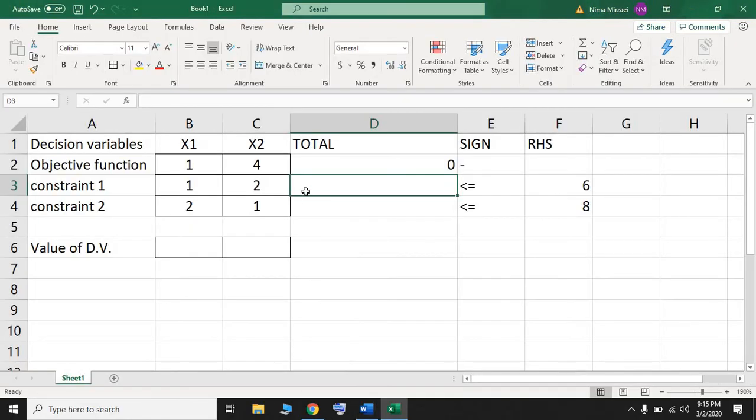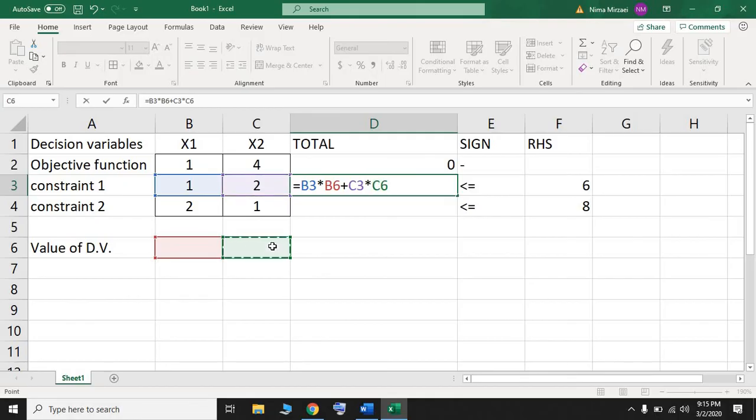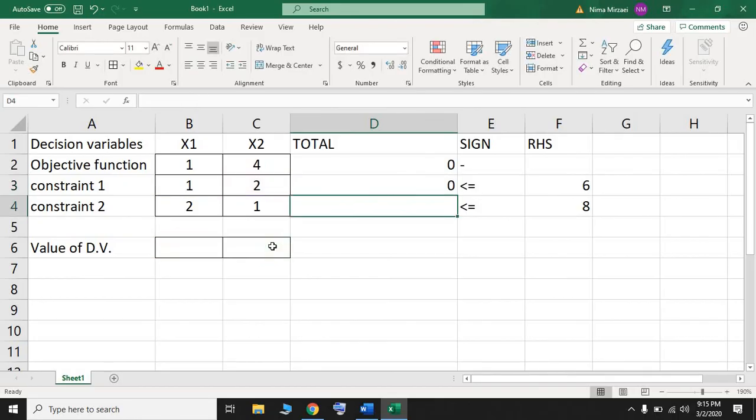So again, we have to use the equal sign. 1, which is B3, multiply, we have to use a star, by the value of x1, which is B6, plus 2 multiply by the value of x2. When you complete the equation, you have to press enter.